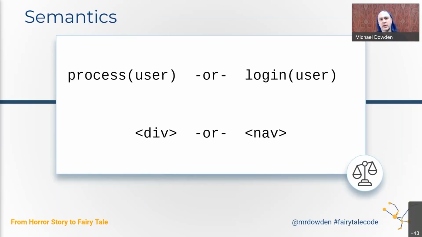By making the right choice, we help assistive technologies communicate more effectively to the user what's going on. If we choose the div instead, we're not providing enough context or meaning for somebody to understand what's actually happening here. So that additional semantic is really important. So one lens we can use to review our code is semantics.